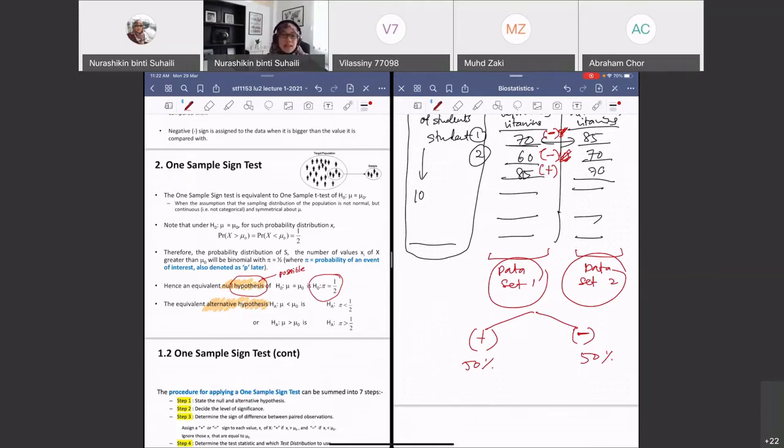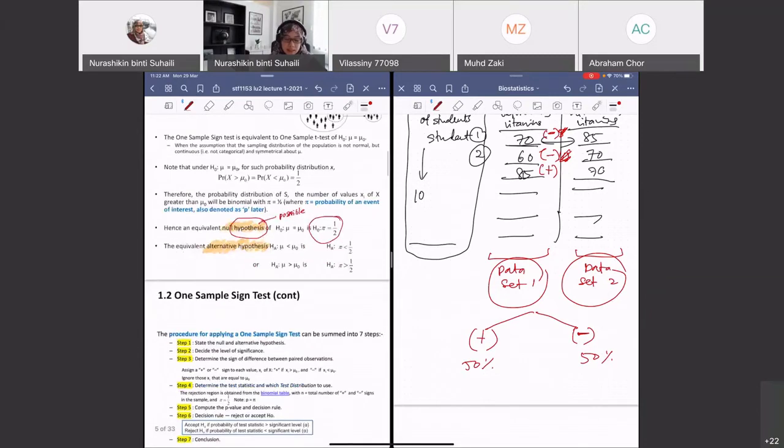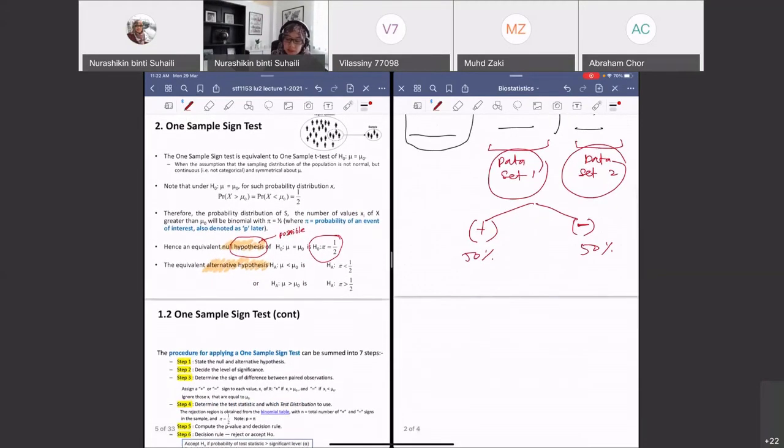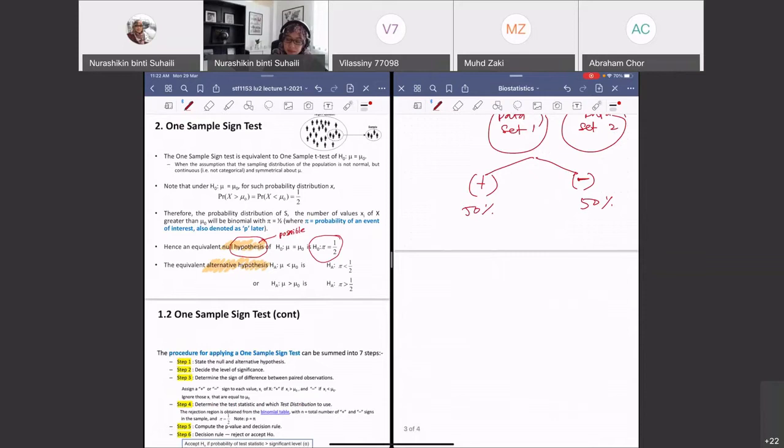That is what we can call hypothesis. In statistics, we divide the hypothesis into two types, null and alternative hypothesis. The symbol for null hypothesis is H naught, we call it.